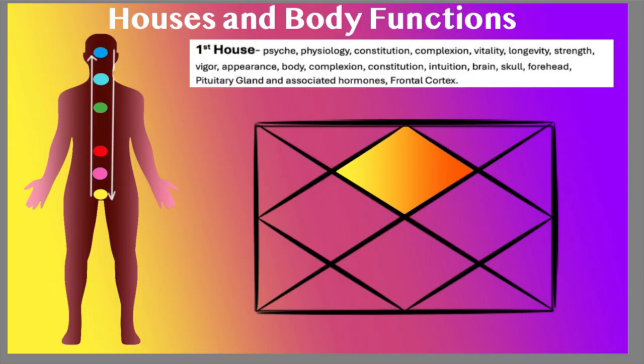Because first house, whatever is sitting there, affects the entire chart. So when you're analyzing with respect to Ayurvedic doshas, you have to bear in mind that first house planets and points, if there are planets and points, they will affect everywhere else.